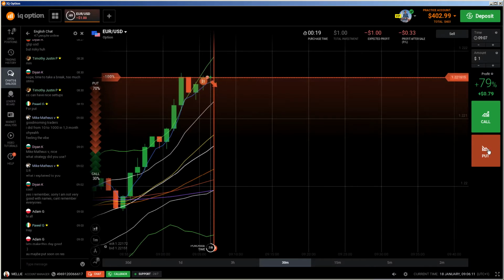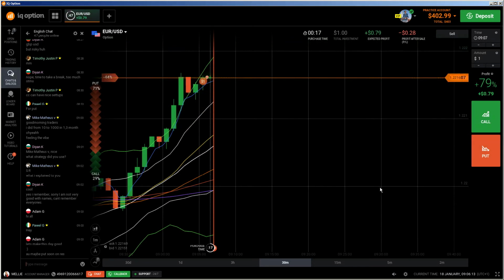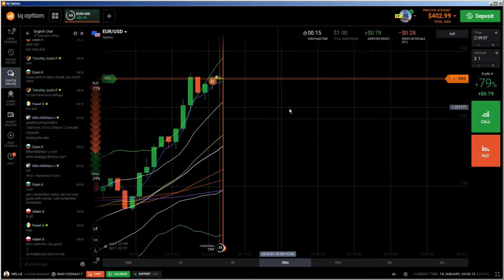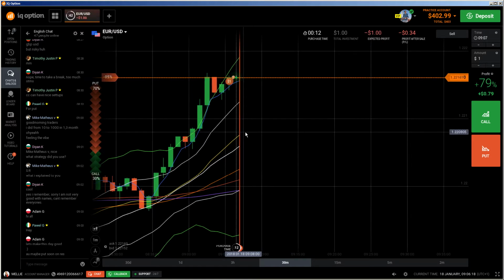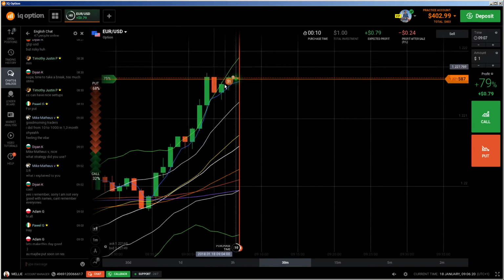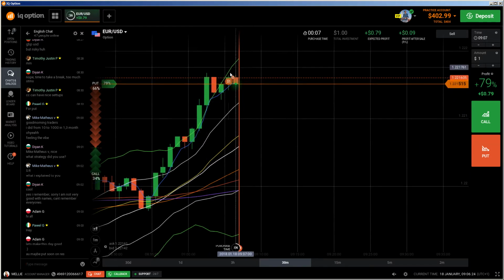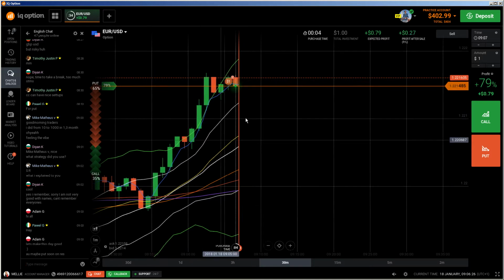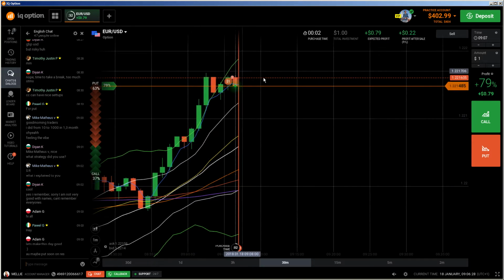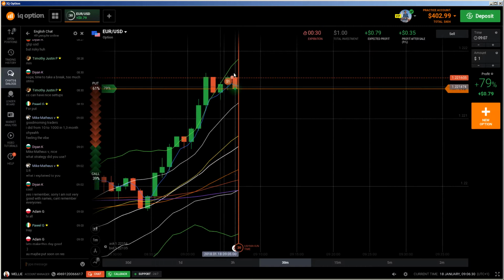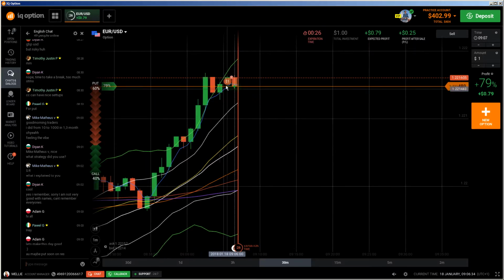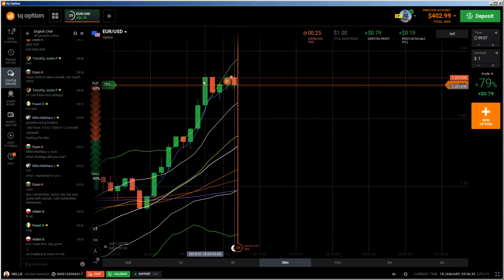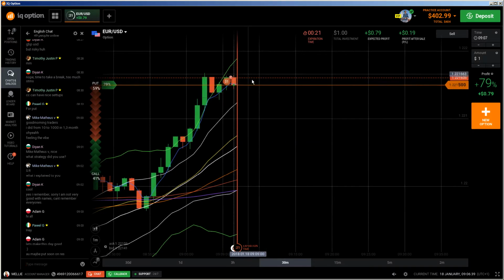But this is not the secret. The secret is you have to understand the context where candlestick patterns appear and apply your trading accordingly. As you see, this was a pin bar here, and it was an uptrend, but here it's a reversal. Yes, on binary option turbo trading, this was a reversal here. And why? Because I spotted this pattern here, this double bottom, and this is why I did the put here.